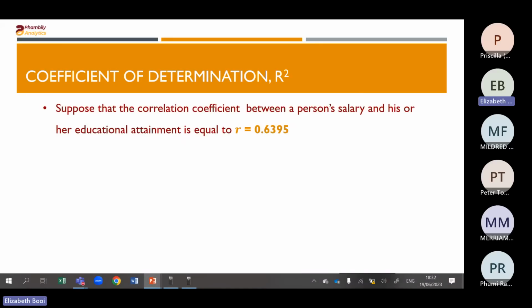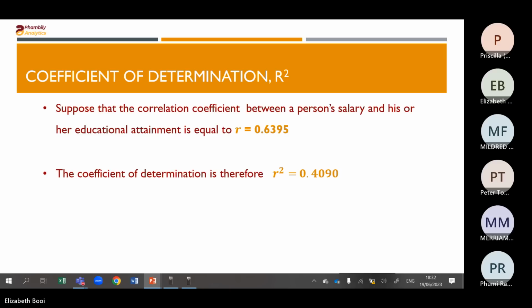So let's look at this example. Suppose that the correlation coefficient of a person's salary and his education attainment is R equals 0.6395. If we need to calculate R squared, we can determine that the coefficient of determination is 0.6395 squared, which gives us 0.4090.